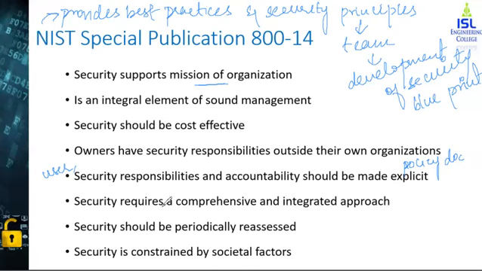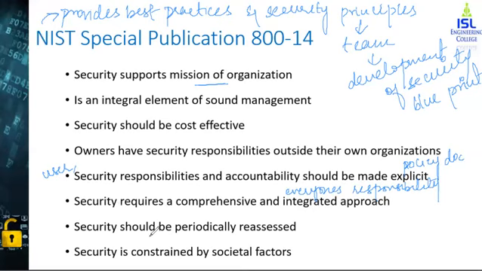Then the next is security requires a comprehensive and integrated approach. Now, security is everyone's responsibility. It is not one person's responsibility. It is everyone's responsibility. You cannot just say that the other person is implementing security, so I do not need to follow that.